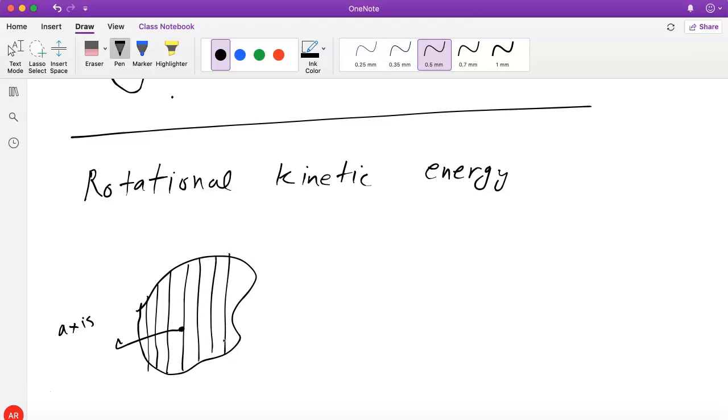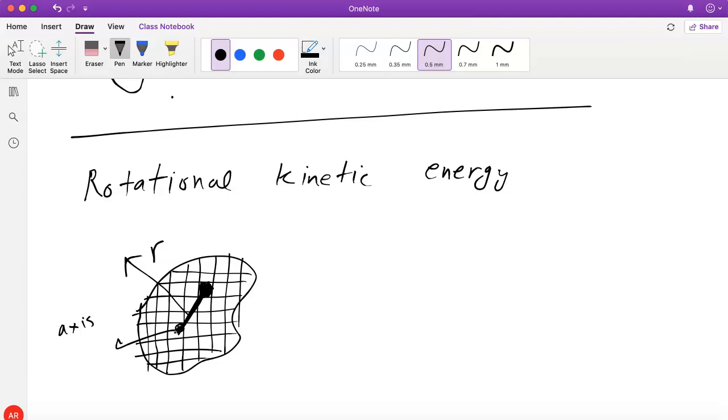So I put a grid, for example, like this. And let's say I look at one of these cells, one of these pieces. If it's small enough, I can treat it like a point particle. That's some distance from the axis of rotation.